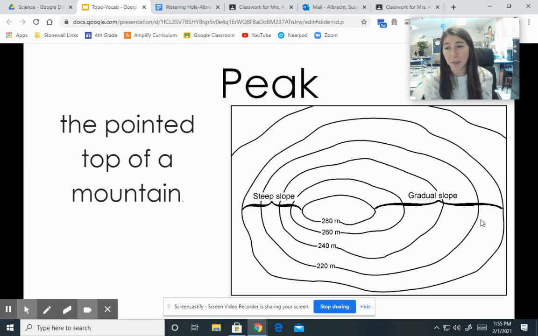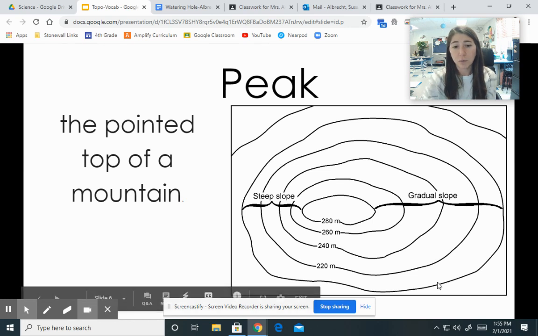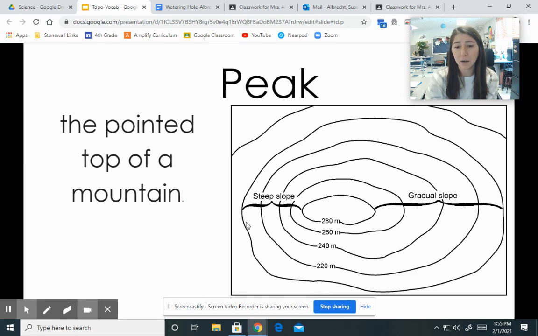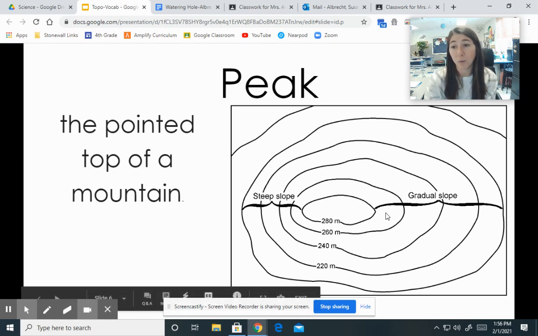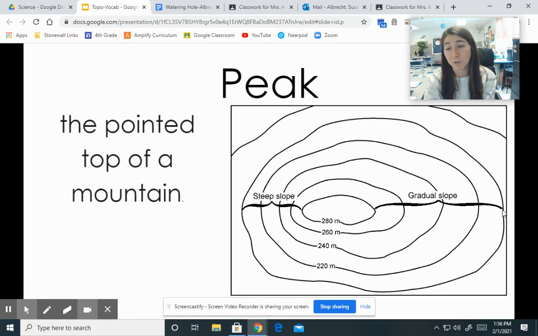So I want you to think about this. Say you were working on your arm muscles and your leg muscles, and you were going to Red River Gorge and you were looking to have a really challenging hike today. You wanted to hike all the way to the peak, the top of the mountain that has the highest elevation. Looking at a topographic map, should you go where the lines are close together, or should you go to the part where the contour lines are further apart?